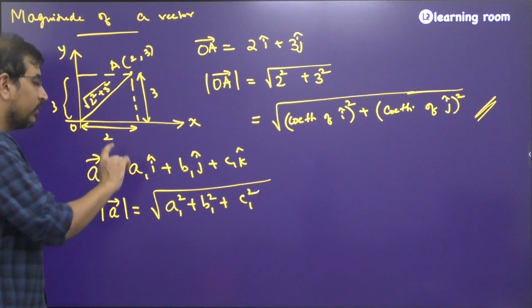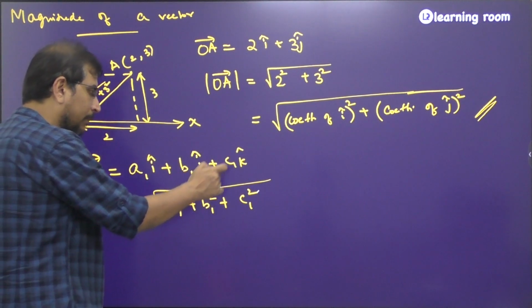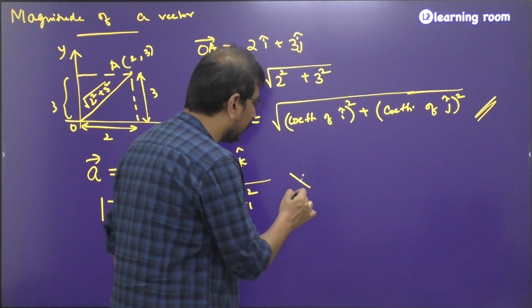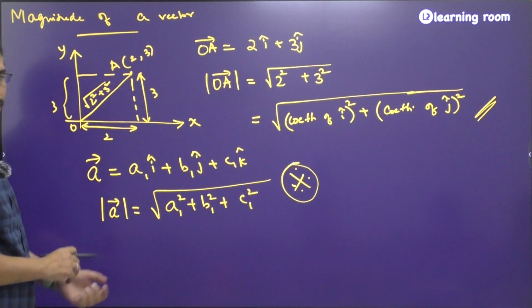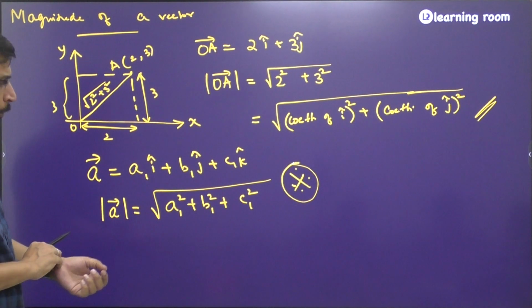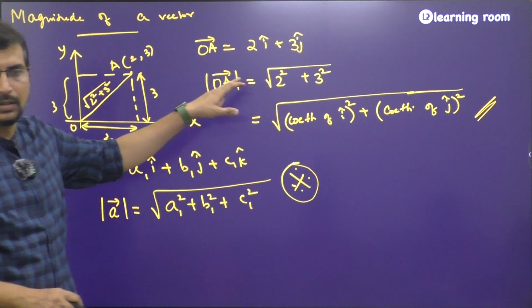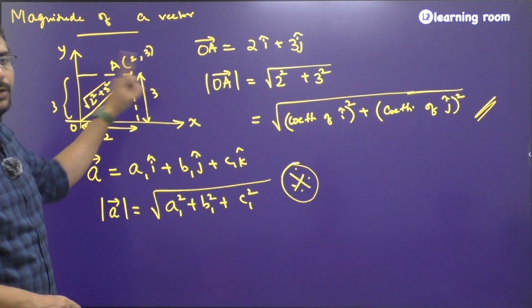Basically, it is the sum of the squares of the coefficients of I cap, j cap and k cap. Okay, this is another important point to be noted. Clear with this? I hope you already know all these points. But do you know the reason why you write it like that? Now you understood? Because we are connecting the coordinate geometry to the vector part.